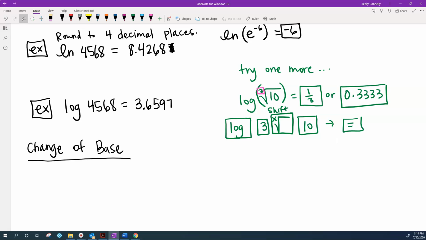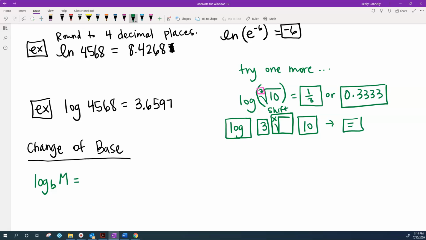Okay, well, there's just one more thing that I wanted to cover on 8.4, and it's called change of base. So sometimes you're going to be given the log of some base that's different than base 10 of a number.